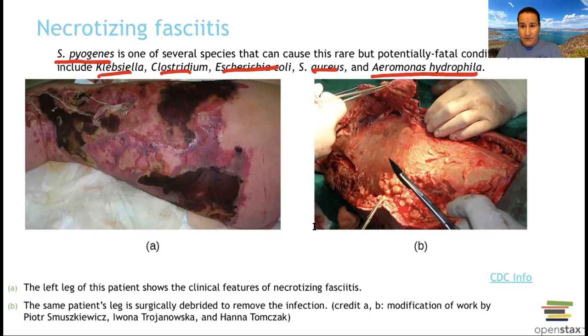That is what becomes infected with necrotizing fasciitis. So once it gets infected, the skin has no underlying connection to what's underneath, and the skin can slough off, basically. It becomes necrotic, and you can see these lovely pictures here of that happening with necrotizing fasciitis.